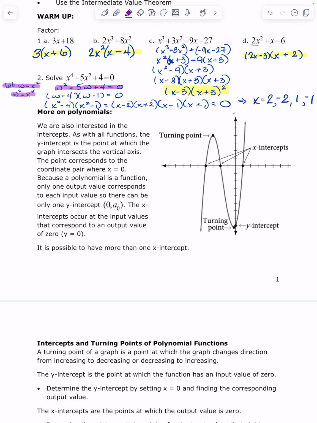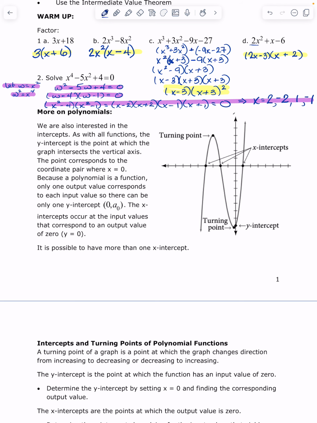So fourth degree polynomial, we have 4 solutions, which typically is how it works. Should have as many solutions as the degree of the polynomial, the highest power. Now, they're not always going to be real numbers, but it gives you an idea of what you're looking for.